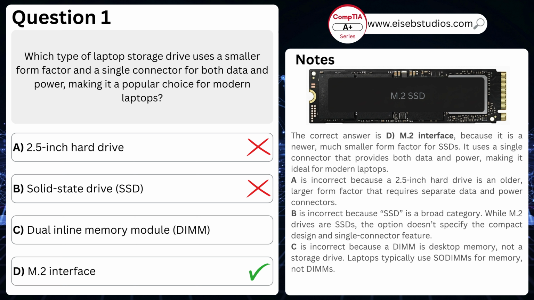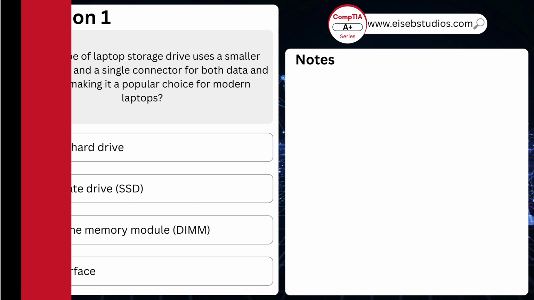B is incorrect because SSD is a broad category. While M.2 drives are SSDs, the option doesn't specify the compact design and single connector feature. C is incorrect because a DIMM is desktop memory, not a storage drive. Laptops typically use SODIMMs for memory, not DIMMs.